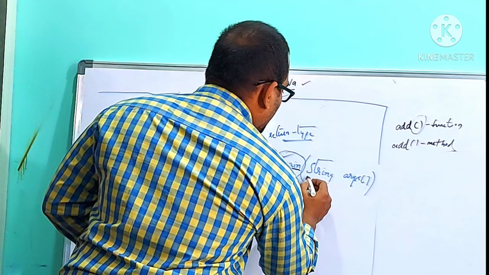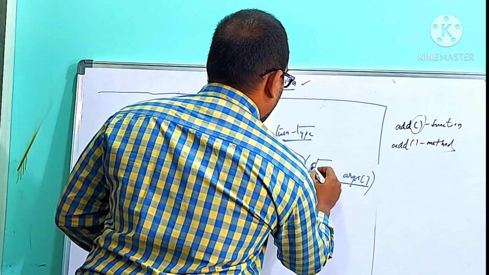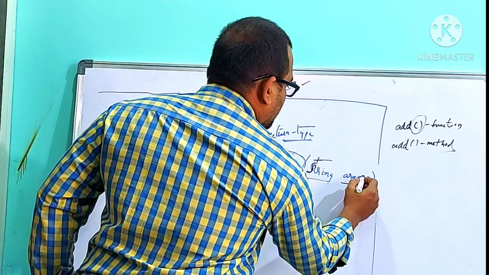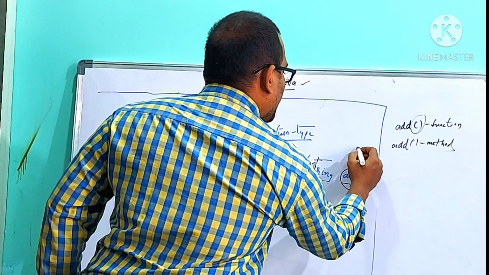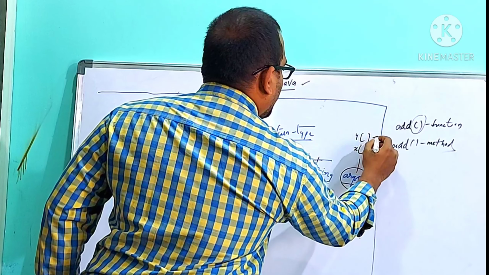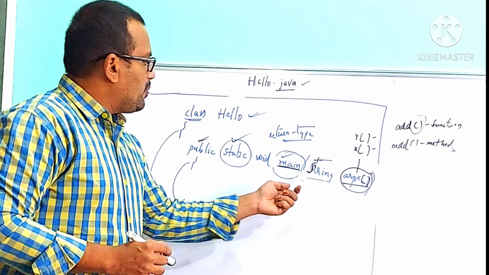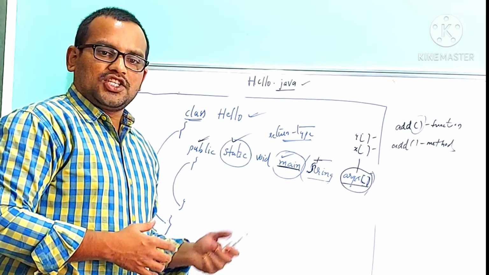So what is meant by String array? String, with a capital S. Sir, what is meant by args and the array brackets? Instead of the name args, we can use any name, some X array, some Y array. Any name you can use instead of args. Why are we using a string array?